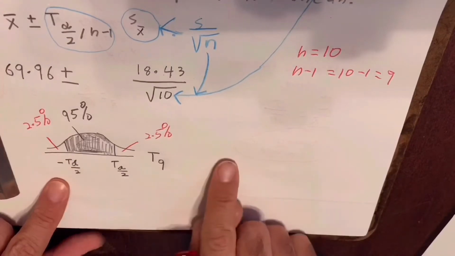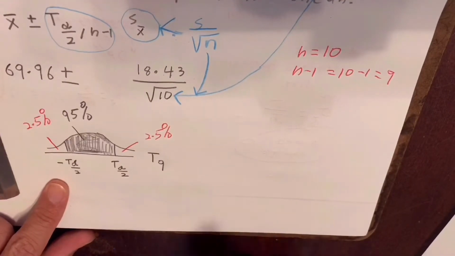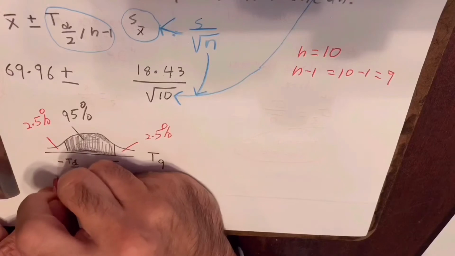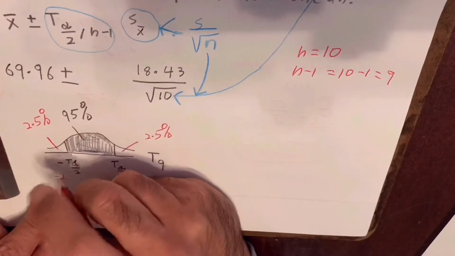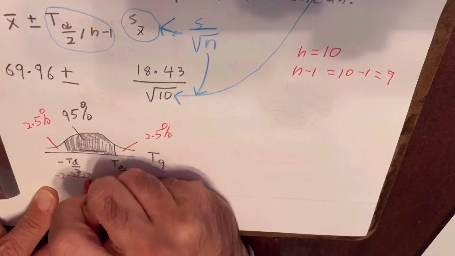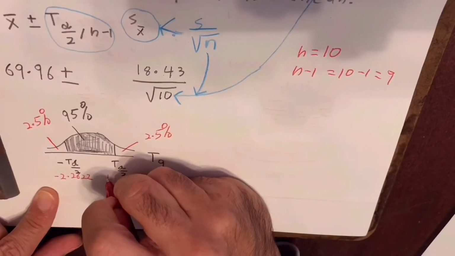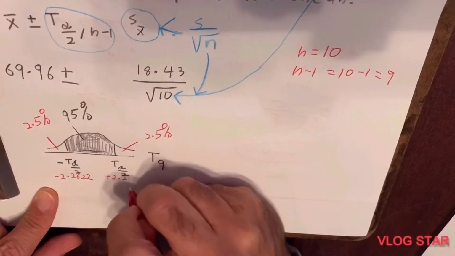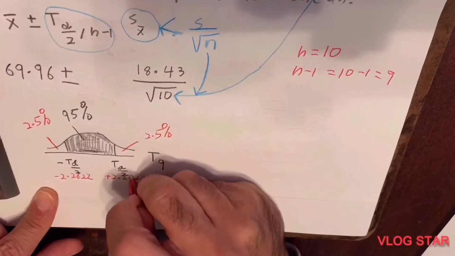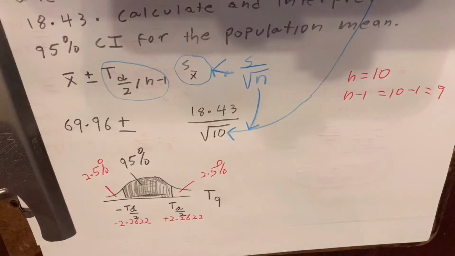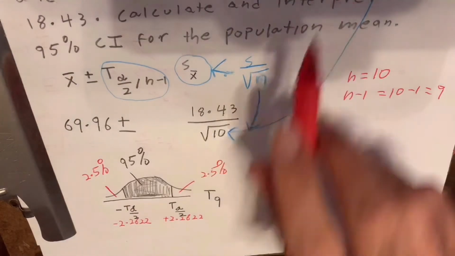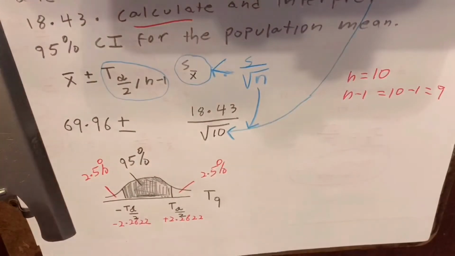So this is a symmetric distribution. So this is going to be negative 2.2622, and this is going to be positive 2.2622. So now all we have to do is put the proper critical value into this formula and just put it into the calculator and crank out our lower and upper bounds, and we're done with at least the first part of this, which is the calculation part.